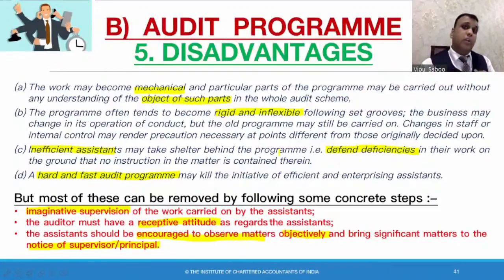So the previous audit program, if you are rigid and don't want to modify that audit program, it is of no use. That is an obsolete audit program. If you want to go with that particular audit program, it is going to pose more disadvantages and limitations to the audit team rather than doing good for them.